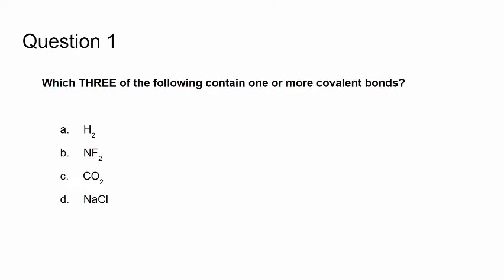And so, if covalent bonds are between nonmetals, I'm going to say D is none of the three, so A, B, or C would be the correct answer, because those three have one or more covalent bonds, whereas Na, sodium, which is a metal, does not. It's not a covalent bond.